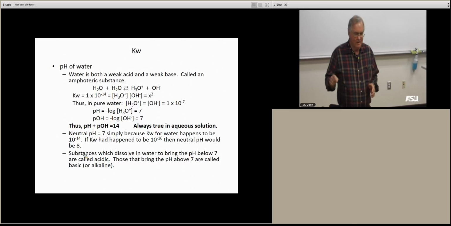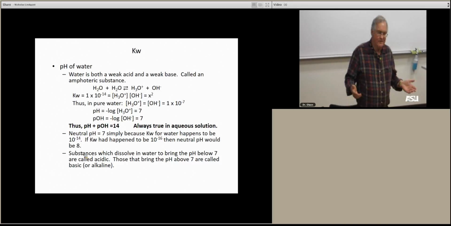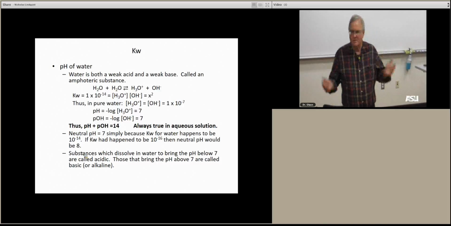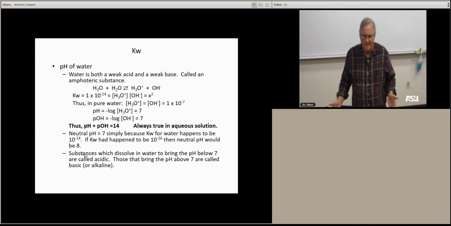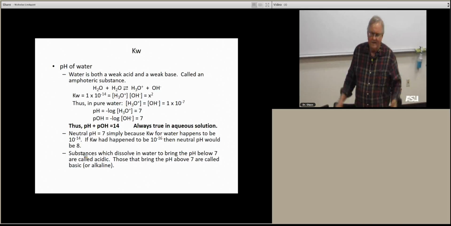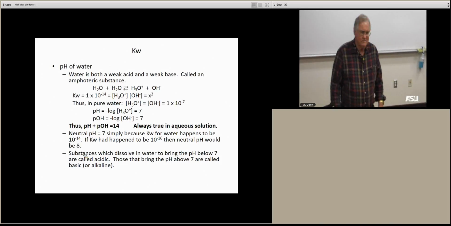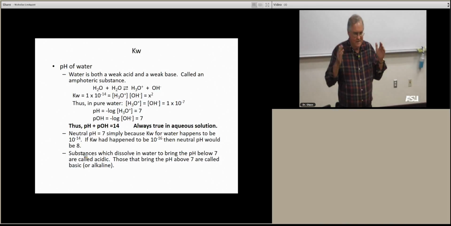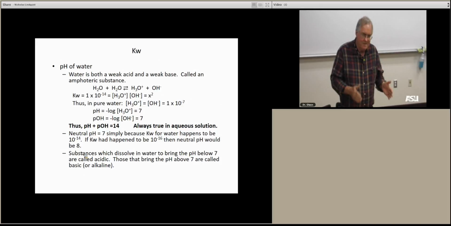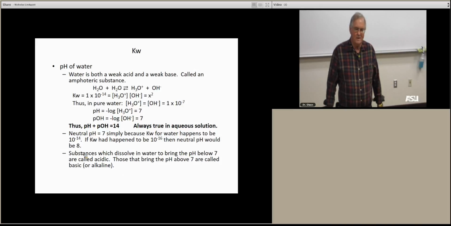Take the logarithm of that. That's -7. Take the negative logarithm, which is the pH, that's 7. Voila. That's why the pH of water is 7. It's not some magical number that somebody decided, I like 7 as a number, so let me just assign that as the pH of water. No, it's because the Kw for water just happened to be 10⁻14.